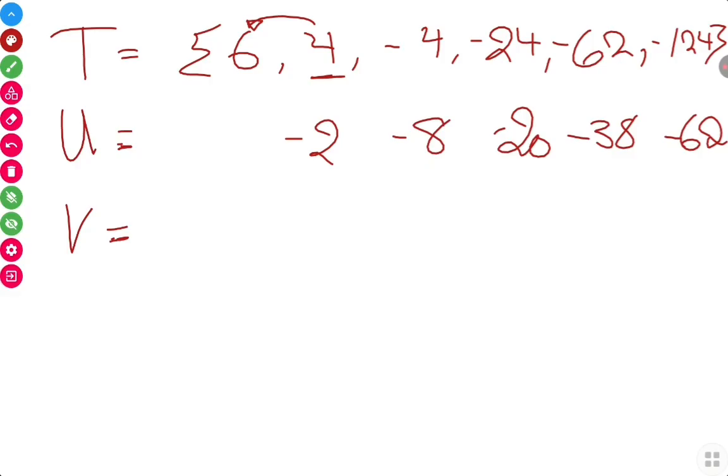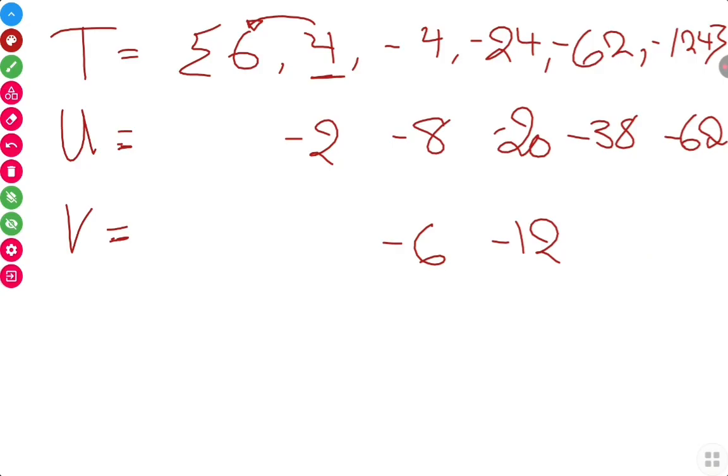So now we do negative 8 minus negative 2, we get negative 6. Negative 20 minus negative 8, negative 12. Oh, negative 38 minus negative 20, my bad.